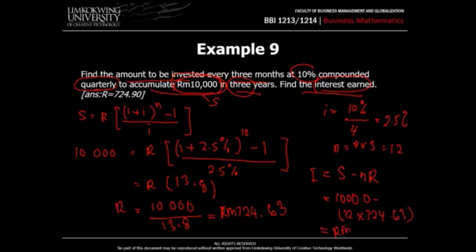RM1,304.44. So 1304.44. Then 74.63 multiply with 12, and 10,000 minus the answer.